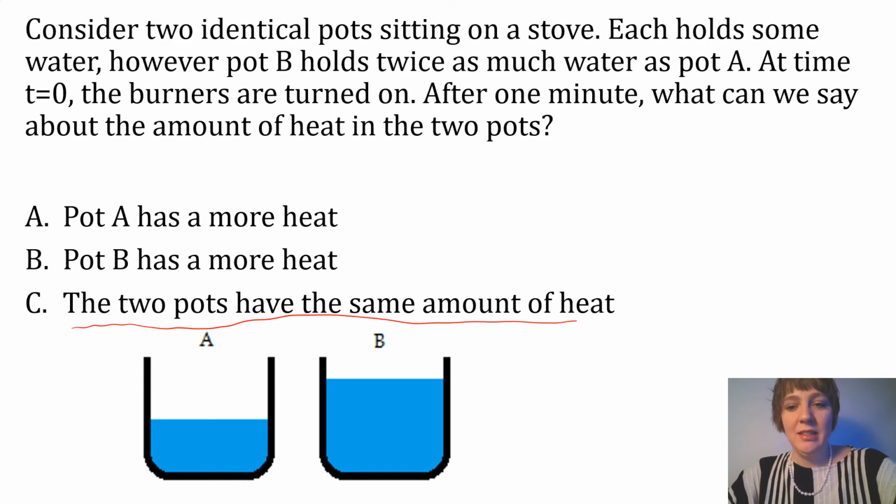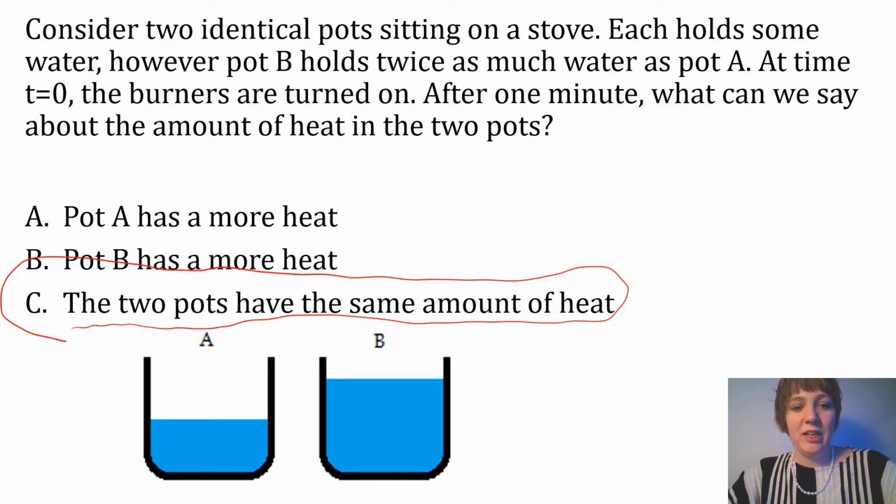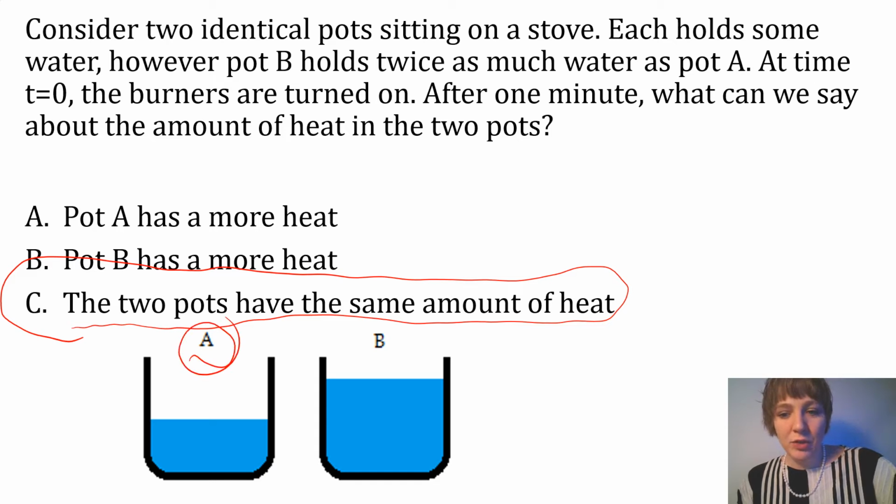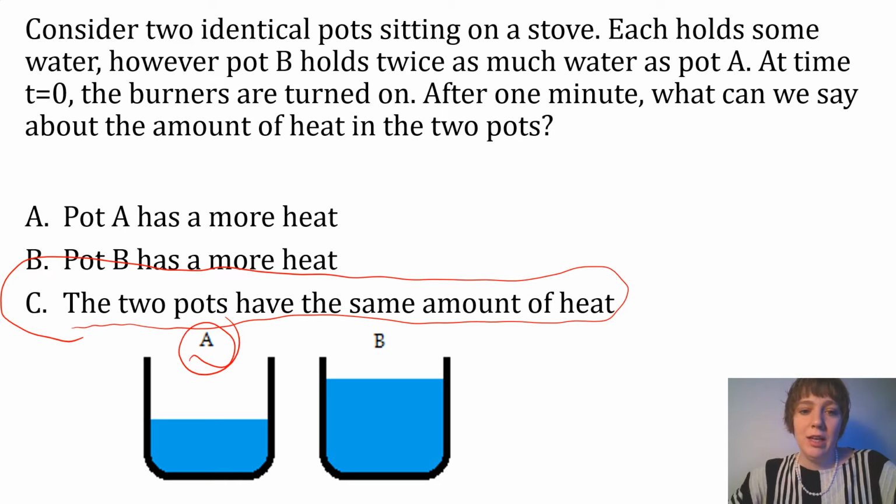If you said C, they have the same amount of heat, great job. These are identical burners. You turn those burners on, you start sending heat energy into the system. You're going to send the exact same amount of heat in. The only difference is that pot A has fewer molecules it has to share that heat with, so the amount of energy per molecule is greater, and so it has a higher temperature.